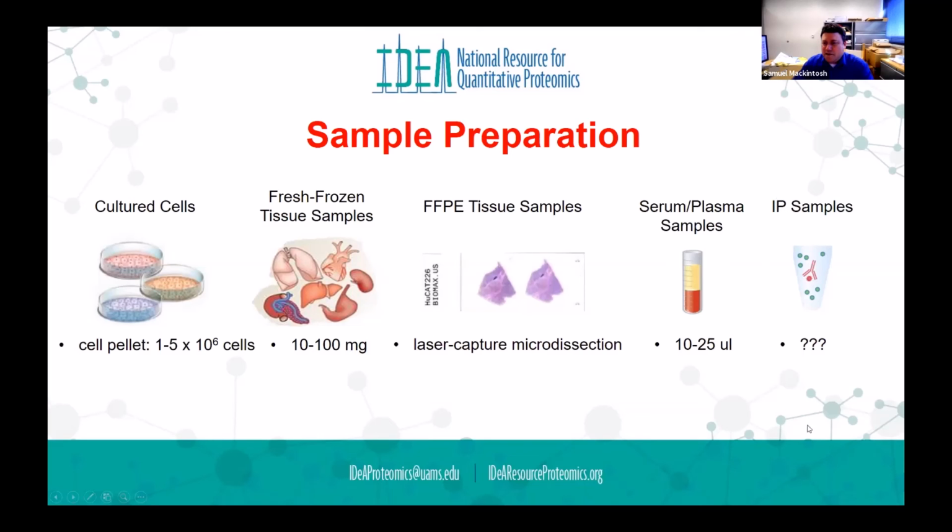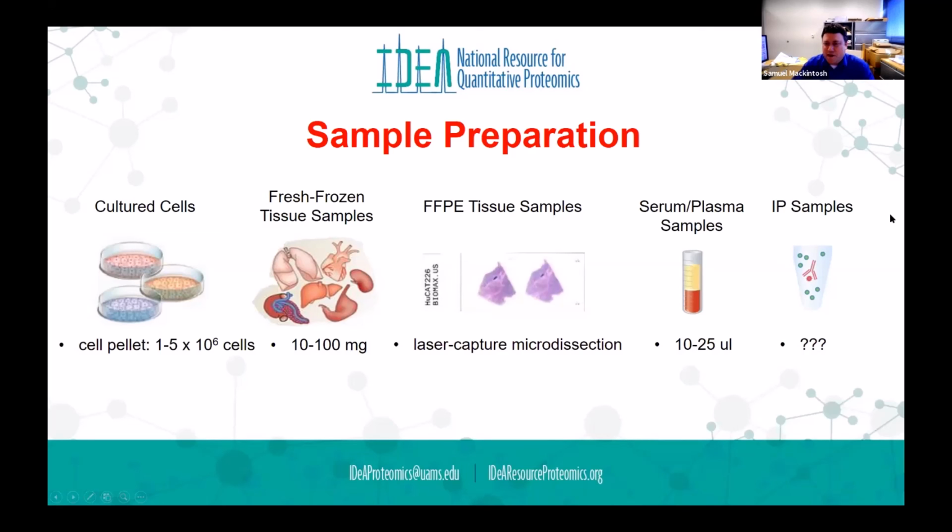Then the last example here is pull down type experiments. Those are some of the trickiest to figure out how to work with. Usually the main complications there are, number one, yield. You can hardly ever get as much protein as you want with a pull down experiment. And the other is detergent. Usually you have to lyse something before you do the pull down, and that lysis has to happen in a context that isn't necessarily LCMS friendly.